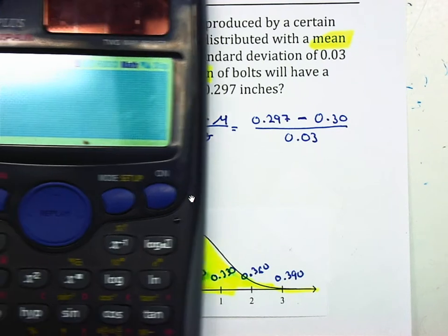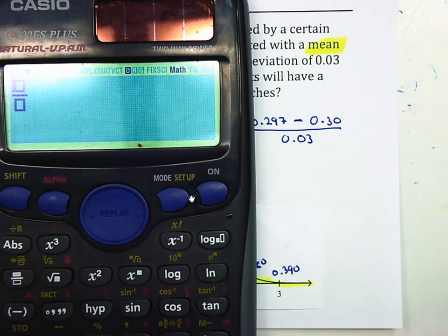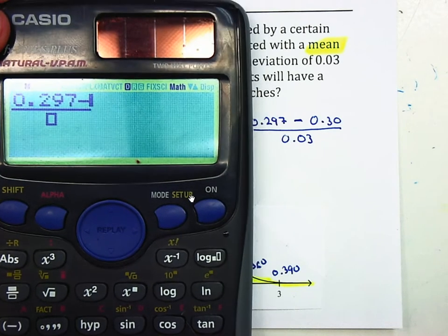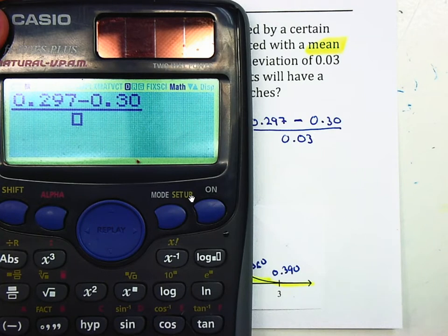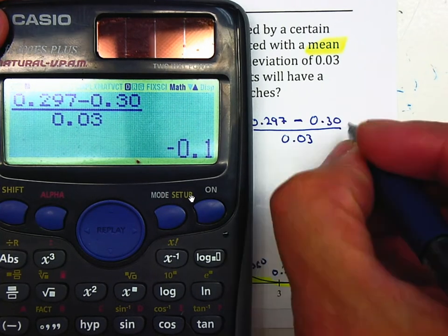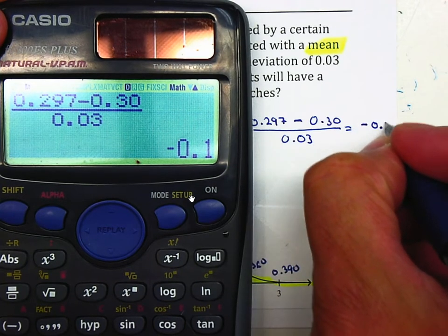I'm going to use my fraction bar: 0.297 minus 0.30 divided by 0.03. Careful with the decimal, make sure that you have everything correct. And that's going to give you a Z value. So your Z value is negative 0.1.